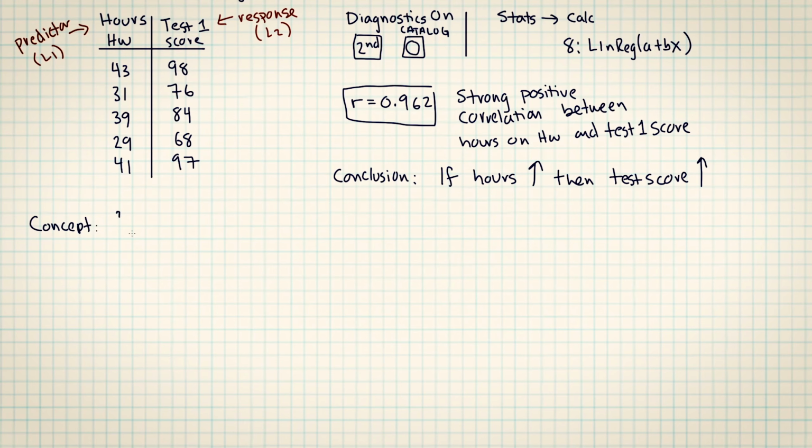I mean, if you spend more hours on your homework, then that means you were probably better prepared for the test, and so then you ended up with a better test score. So I just want that idea to be in your head as we go through these things, because there's going to be an important takeaway at the end about the relationship between correlation and these ideas, cause and effect.